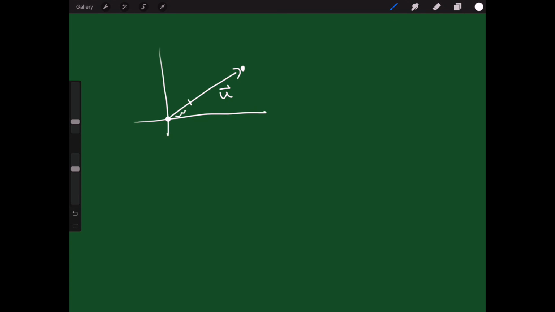So if this had just length 1, then what would the vector be in the plane that had exactly length 1 instead of having the length of the vector u? Well, there's a very easy way to find this.